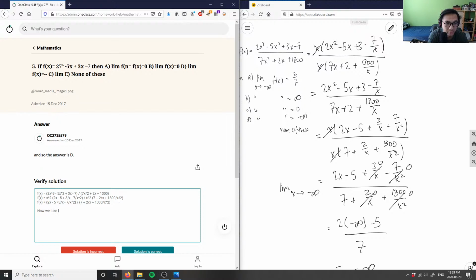Now we take the limit as x approaches negative infinity.